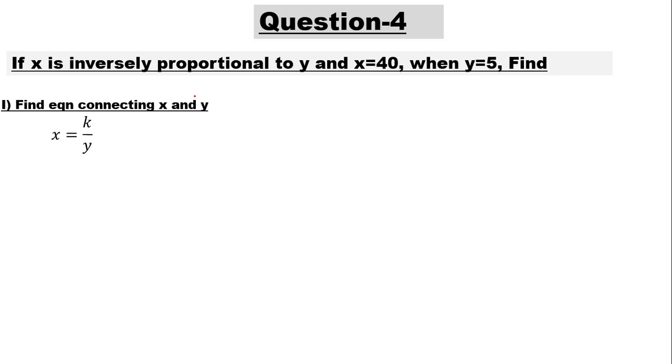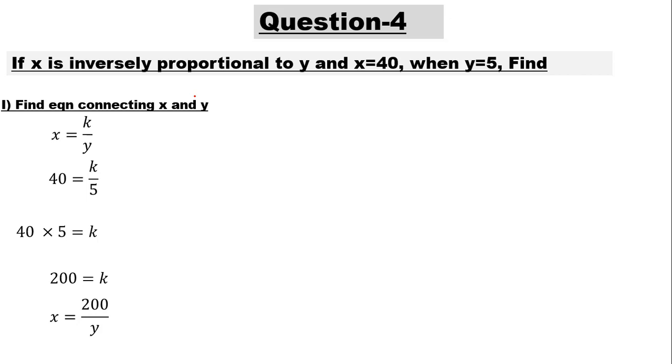Now you are given the value of x and the value of y, and if we replace them with 40 and 5 respectively, we will get the value of k that is equal to 200. Now in the equation, if we replace k with 200, x equals 200 divided by y is the equation that is connecting x and y.